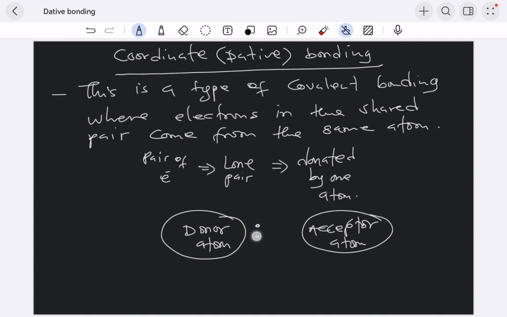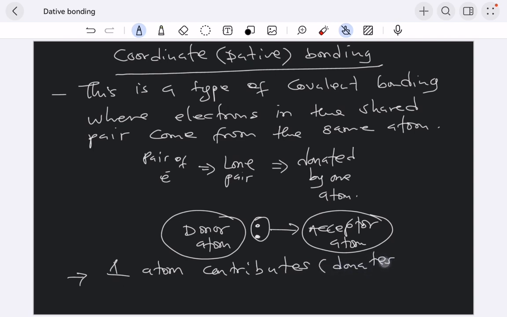So a pair of two electrons will be shared. Now, what is so important about dative bonding, just to make an emphasis, is that one atom contributes or donates two electrons, and the other atom accepts.